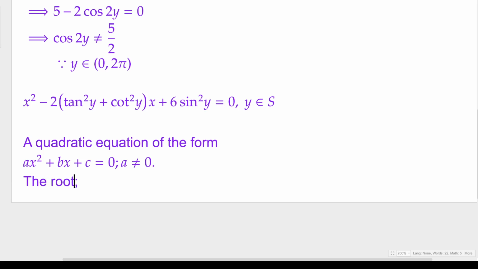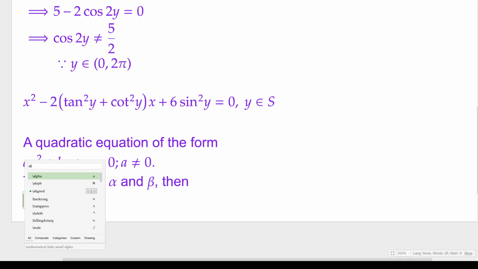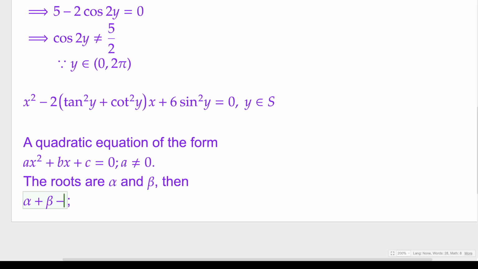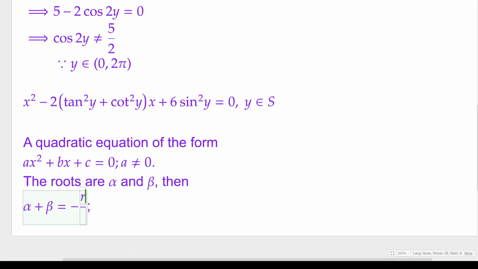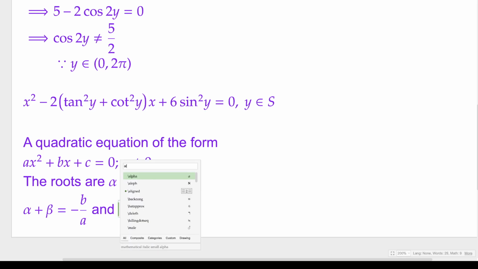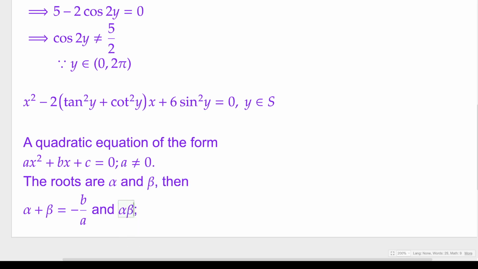Let us say the roots are alpha and beta. So in that case, sum of roots, that is alpha plus beta, we know this will be negative of coefficient of x over coefficient of x square, that is a, and the product of roots, that is alpha times beta, that is equal to constant over coefficient of x square, right?